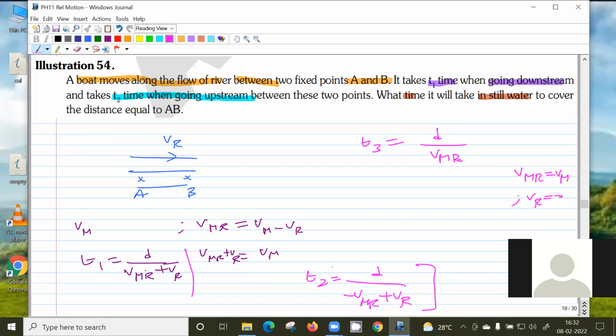So the velocity of man with respect to river, I can find from this one. If I invert this, I can subtract to get that. So it's d by t1.